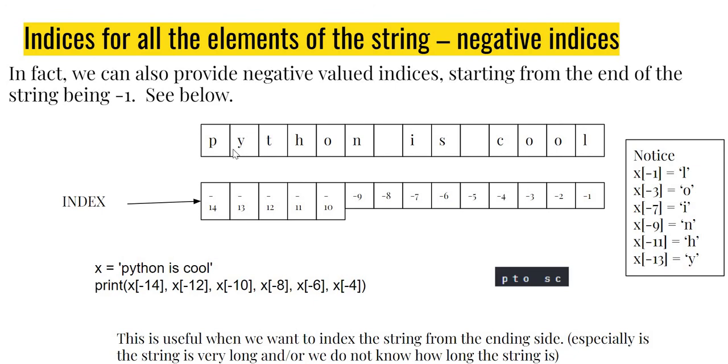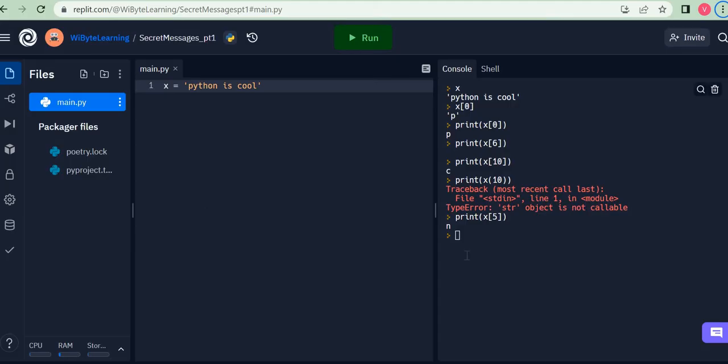So for example, with the same string, Python is cool, the last element will be given an index of -1, which means that I can access the last element by doing x of -1, -2, -3 as I keep coming back. So if I go back, this is -14. Let's say we have seen this before.